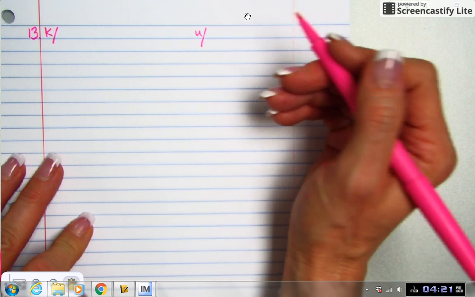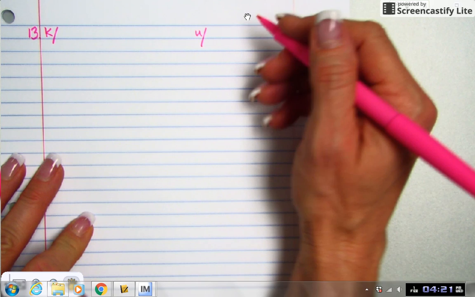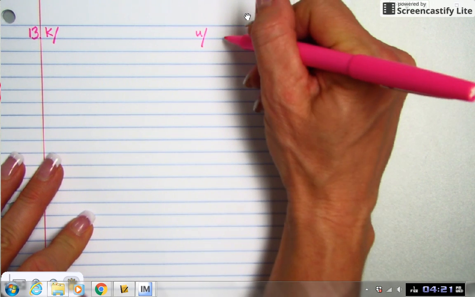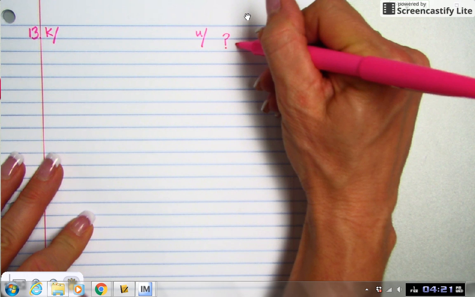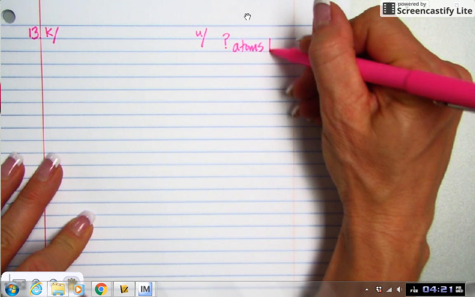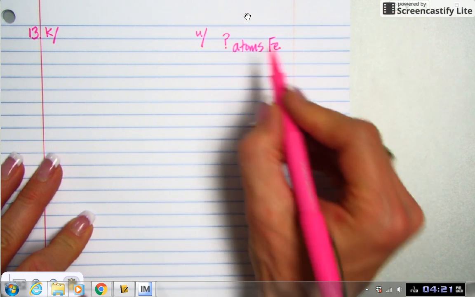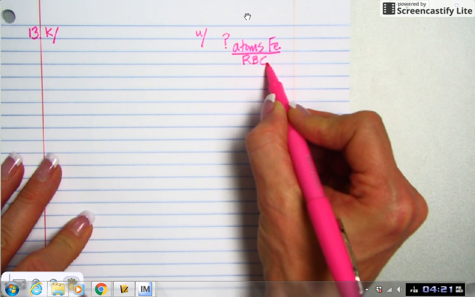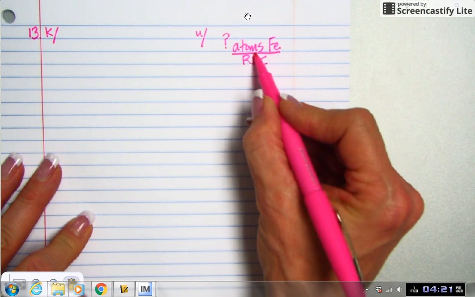And remember I said in class today, focus on your units. So what they're asking you to find here is they want to know how many atoms of iron are per red blood cell or in each red blood cell. So atoms per red blood cell.